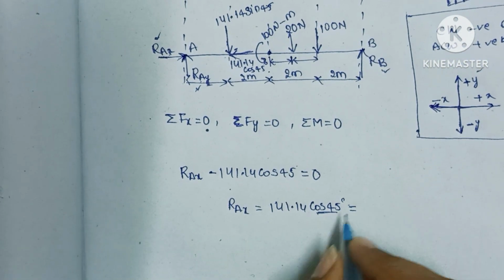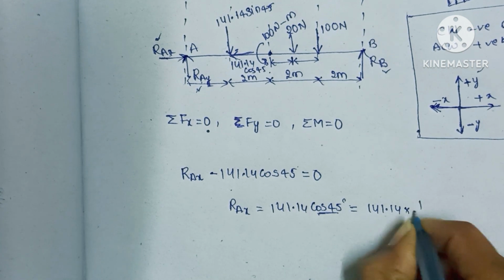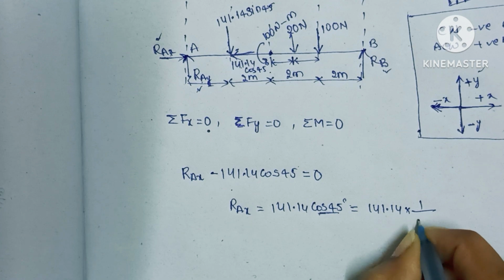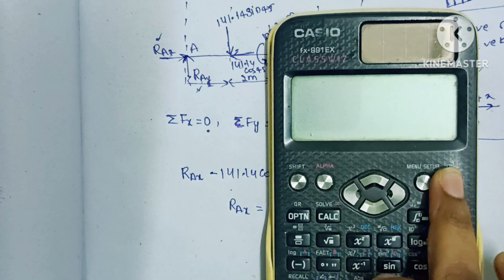We know that cos 45 is nothing but 1 by root 2, or we can calculate it in the calculator also.